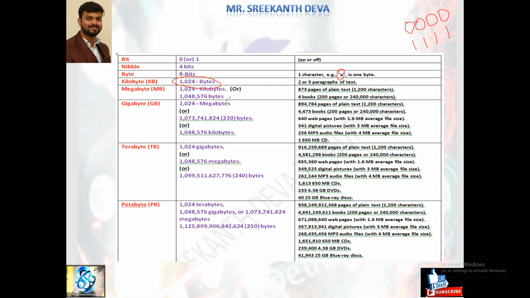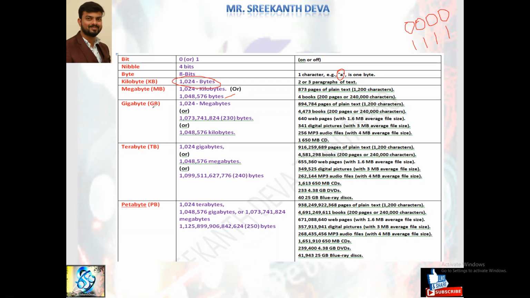It is calculated in the form of bytes. Coming to gigabyte, 1024 megabytes represents 1 gigabyte. There we can store plain text, books, web pages, digital pictures, audio files, mp3 files, in GBs.